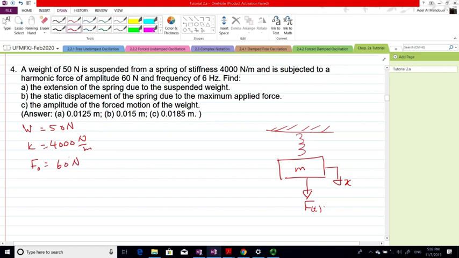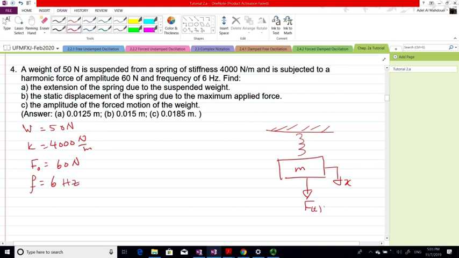And the frequency of the force, which is not omega naught, or F, it's not F naught, okay? F naught is the natural one, but this is F due to the applied force or driving force, 6 hertz, okay?